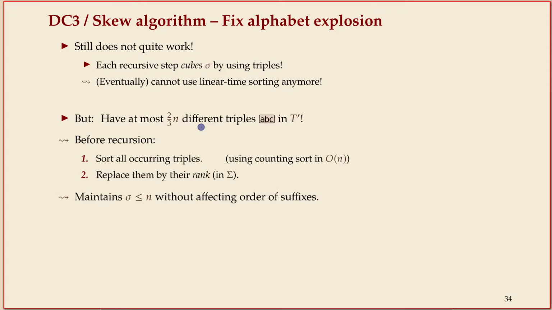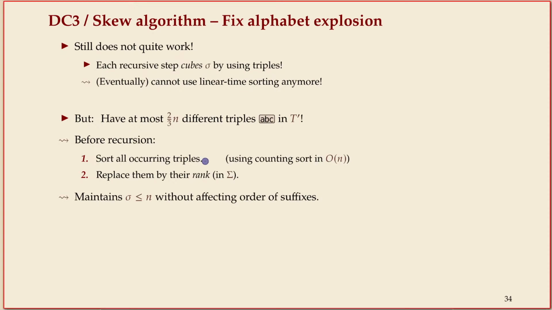Now, of course, our actual string doesn't really get bigger. If we had 24 characters in the original string, we don't magically make up new characters. In particular, because this T prime has roughly length 2/3 of n in numbers of characters, there can be at most so many different triples that occur in that string. There's just not enough space to have all the triples that are possible.